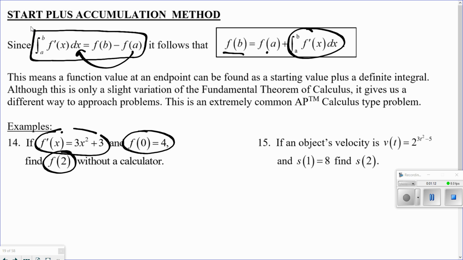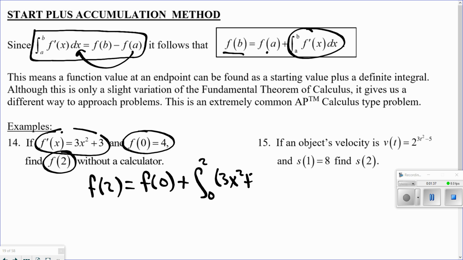Whenever you see that, you've got to think, hey, it's a starter plus accumulation method. So we're going to go like this. I'm trying to find f of 2. So I'm going to say f of 2 equals f of 0 plus, and this is really important, the 0 has to be the lower limit, and the 2 has to be the upper limit, of the integral of 3x squared plus 3.